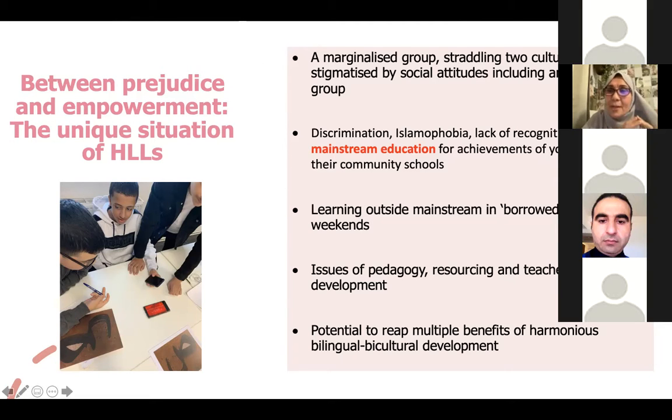So if a heritage learner, for example, got A star in Arabic, mainstream school don't recognize this achievement. But if he got A star in modern languages, the achievement looked great. So there is this issue of lack of recognition. And the achievement of their exam is often not recognized as well.